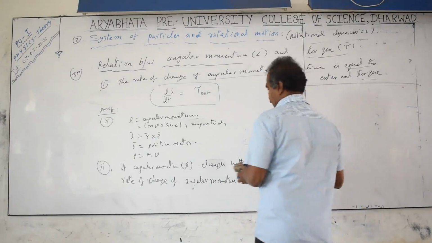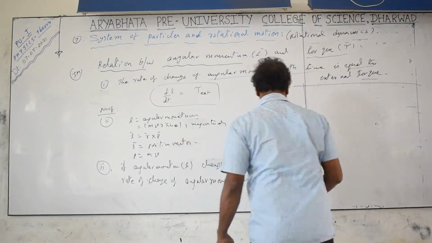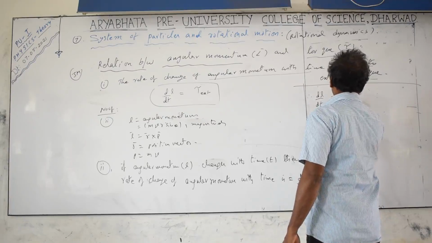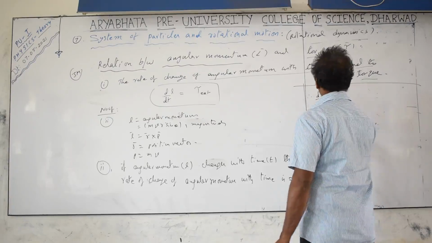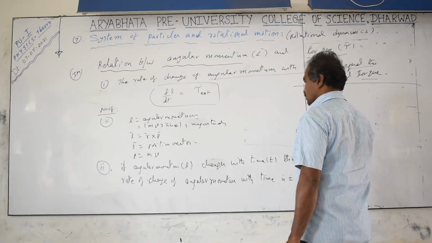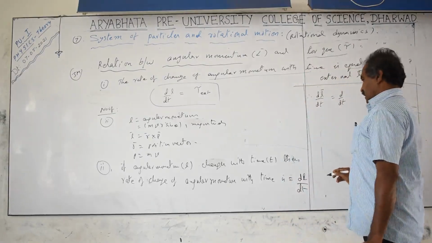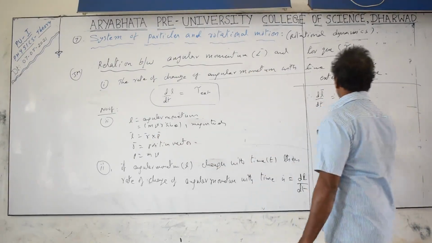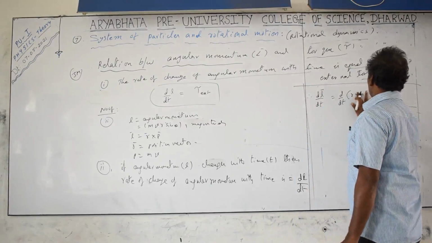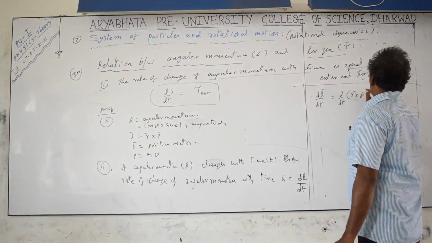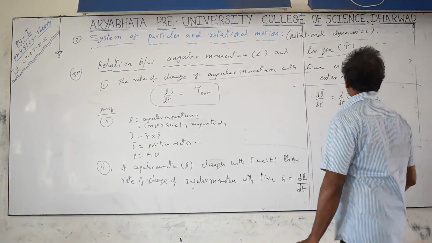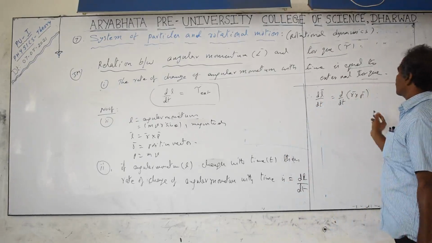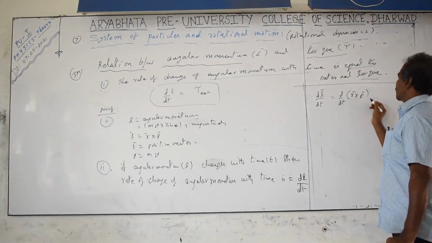If I take the substitution of L as R cross P, therefore dL by dt is d by dt of L. I am taking the vector form, so dL by dt equals d by dt of L bar, and L bar is equal to R cross P. We take the partial differentiation of R and P: first one constant, the other a variable.